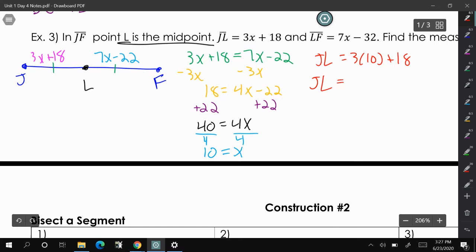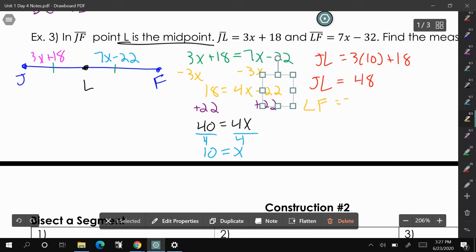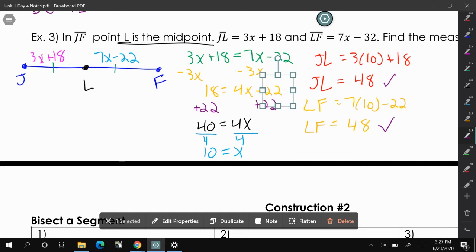So JL is 3 times 10 is 30, plus 18 is 48. Then for LF, that's going to be 7 times 10 minus 22. 7 times 10 is 70. 70 minus 22 is 48. So these two both match. So we know we did the math right.